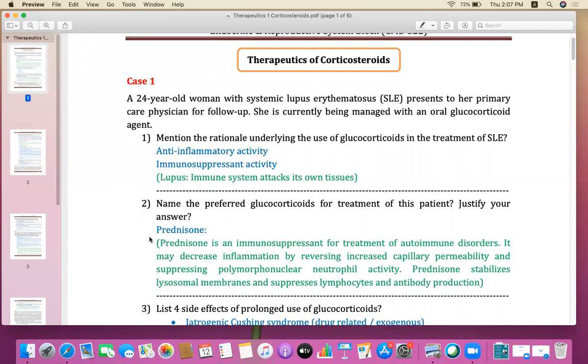Alternate day therapy is easy, so that's why prednisone is preferred, and it is intermediate acting, not too short and not too long, so it is the best one.